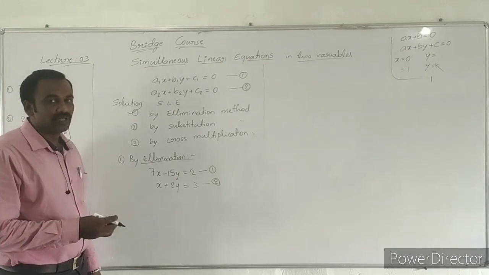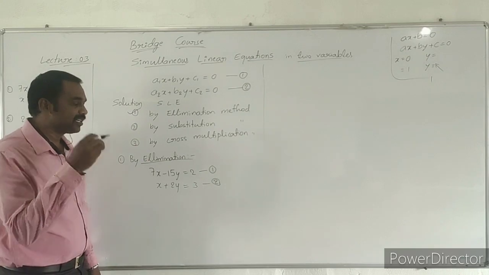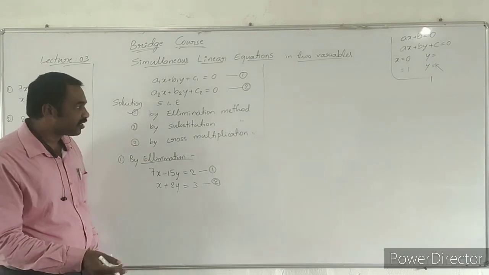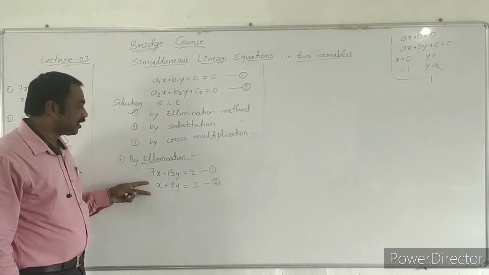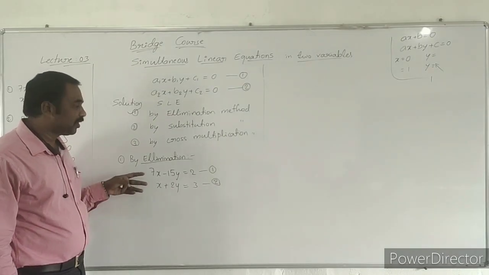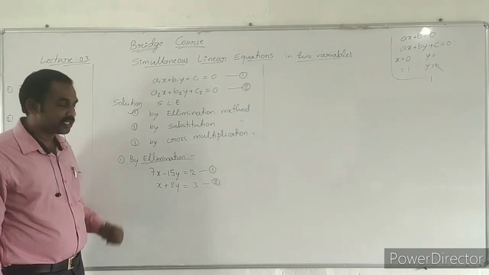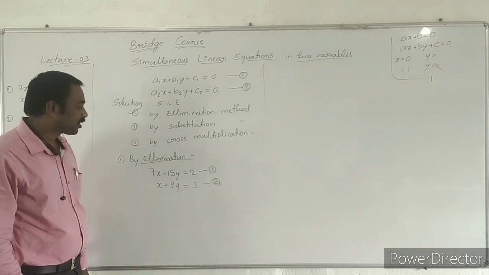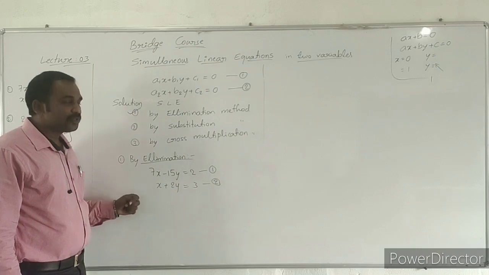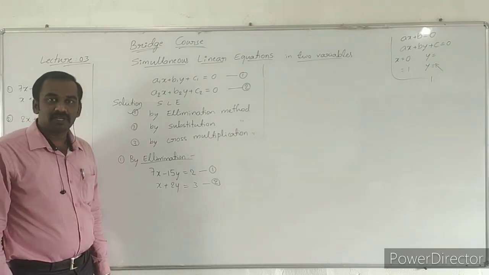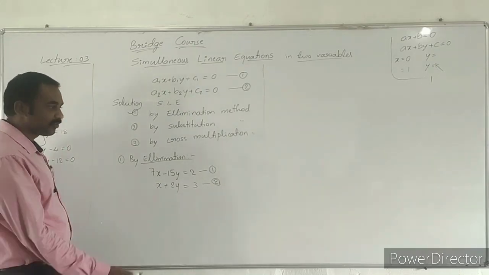Here the word itself tells us to eliminate one of the variables. How to eliminate one of the variables from these two equations? It means make the coefficient of any one of the variables the same.